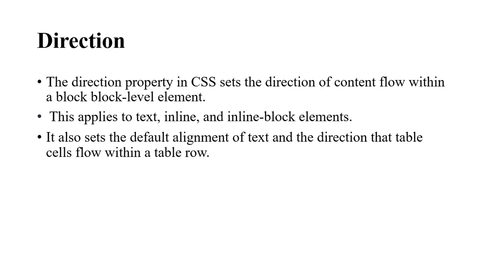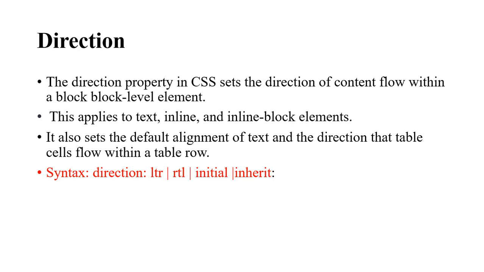Next that I've got is direction. The direction property in CSS sets the direction of a content flow within a block level element. This applies to text, inline and inline block elements. It also sets the default alignment of text and the direction that the table cells flow within a table row.